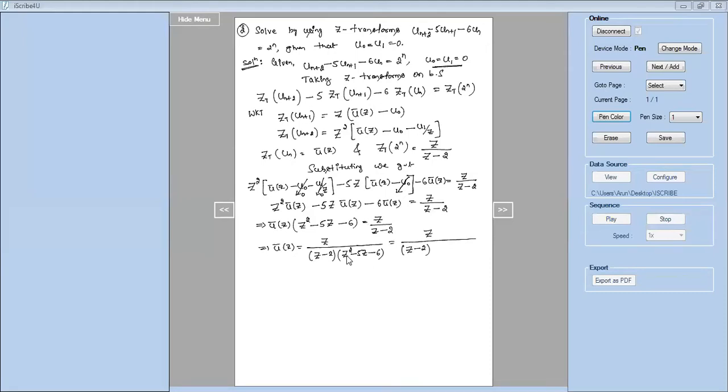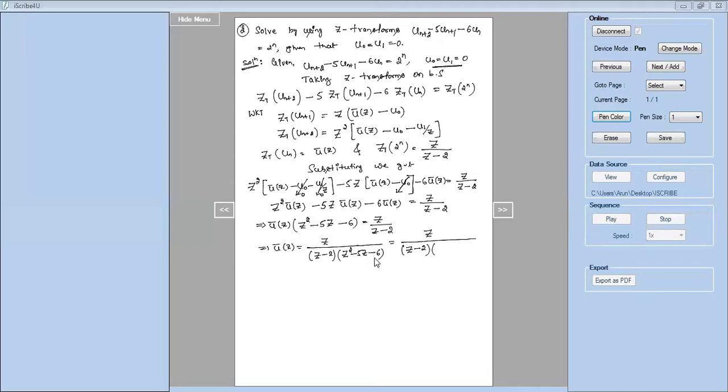This is a quadratic expression, and you know in z transformation, if you find quadratic expressions or cubic, whatever it is, you need to factorize. You have to write this as the product of two terms. So what are the factors we get? So I can write minus 2, minus 3. Correct now? So you get z minus 2 into z minus 3.